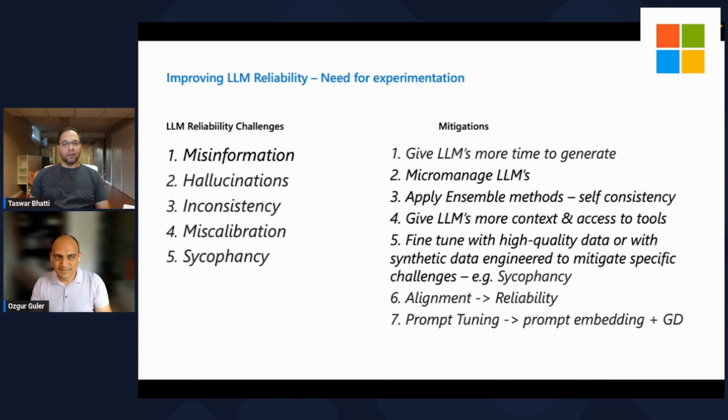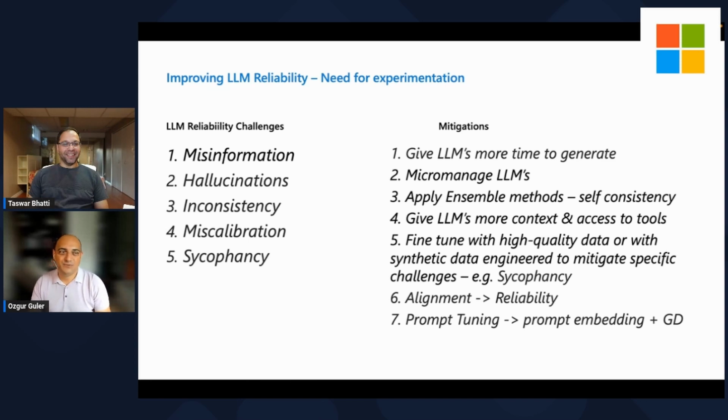Inconsistency, we already know about. Even if you change a grammar sign within a sentence, the output changes. Miscalibration and sycophancy are quite interesting. Miscalibration is when the model doesn't have enough information, it can behave as if it is an expert on the subject. So we know how we call these sort of friends of ours.